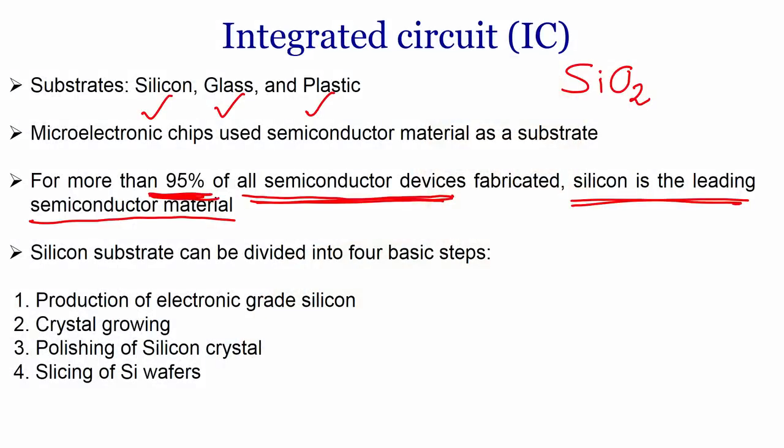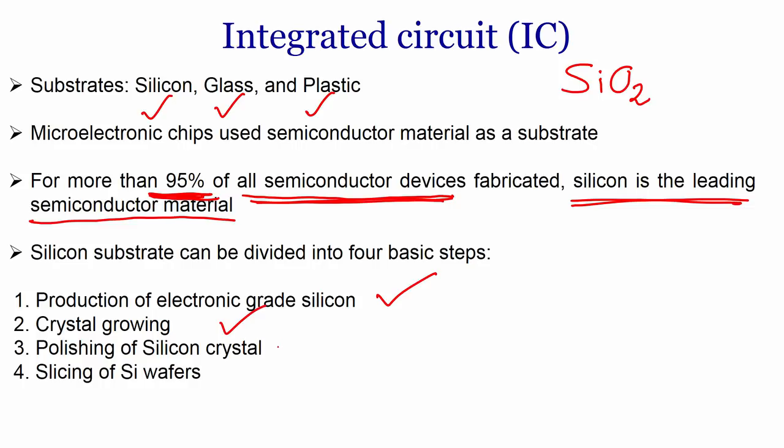If you come back to the screen, what you see is that silicon substrate manufacturing can be divided into 4 basic steps. The first step is production of electronic grade silicon. The second step is crystal growing, you have to grow the crystal.